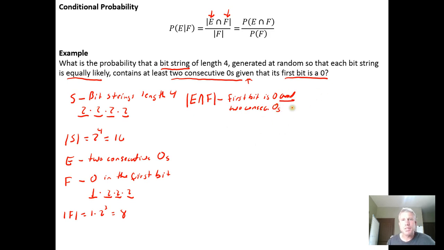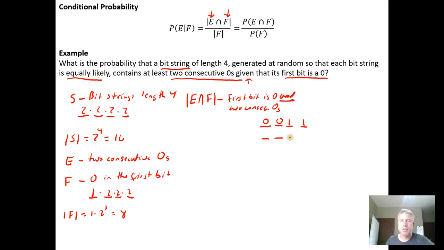So we can systematically walk through and look at this intersection. What does it look like? Well, we're told that the first bit must be a 0. So one way to get two consecutive zeros, if the first bit is a 0, is to have 0, 0, 1, 1.